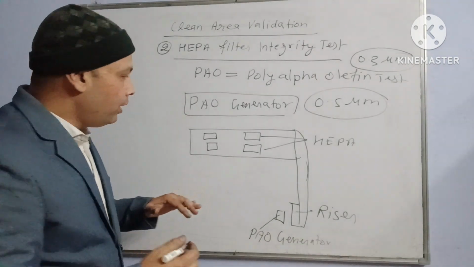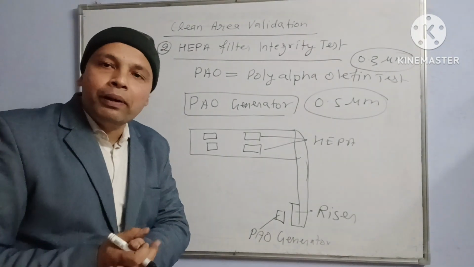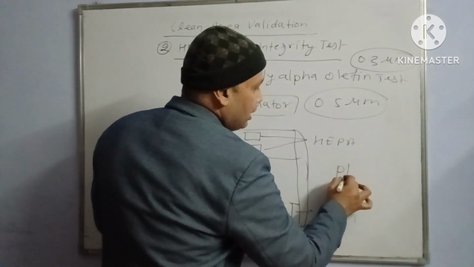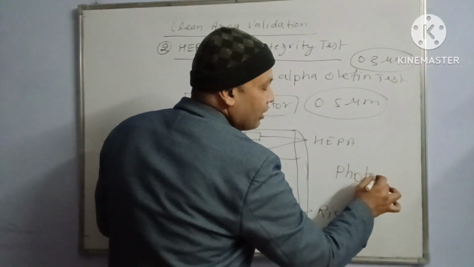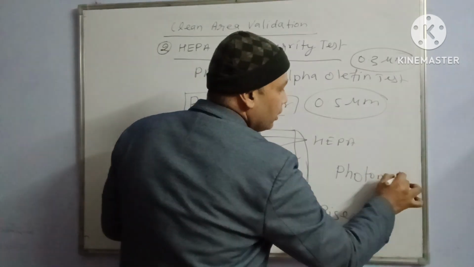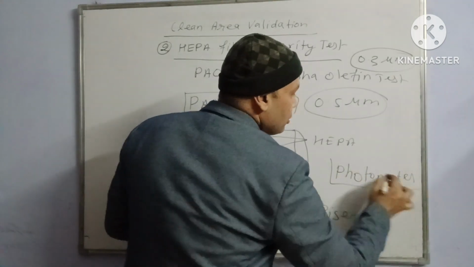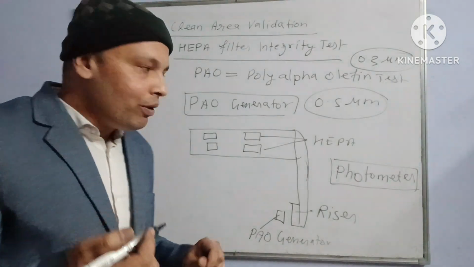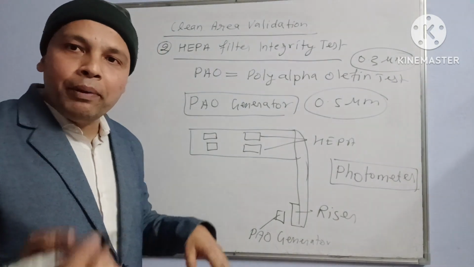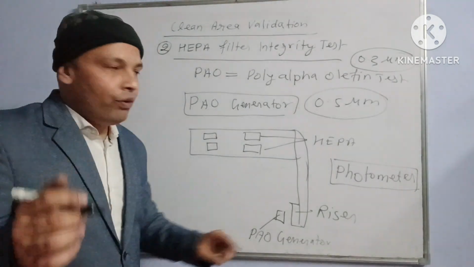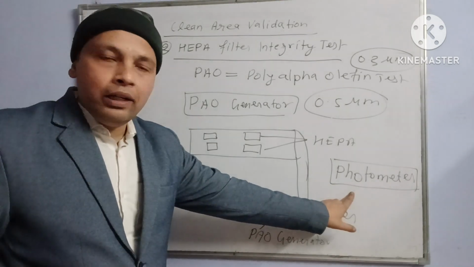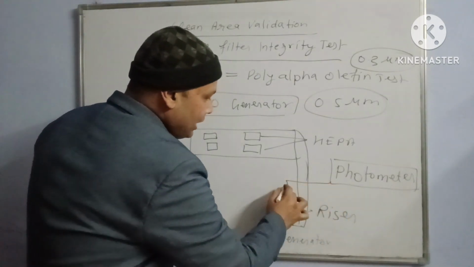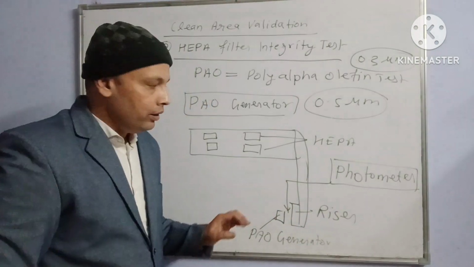For the detection of those particles, we need to use a photometer. There is one instrument called a photometer. By using this photometer, we can check the concentration of the particles, meaning whether the particles are coming or not. First of all, we use this photometer and check at this location.